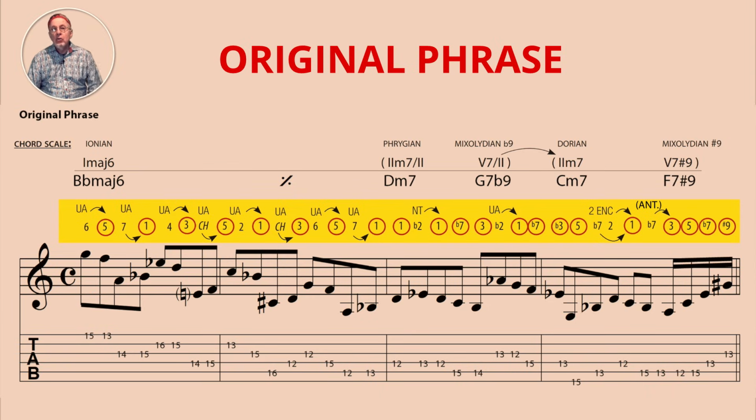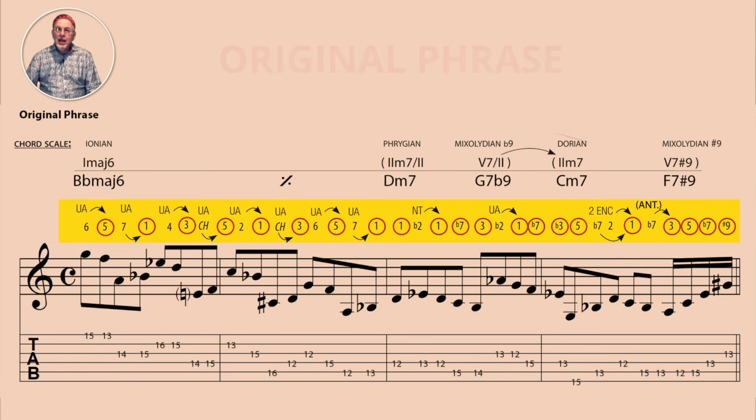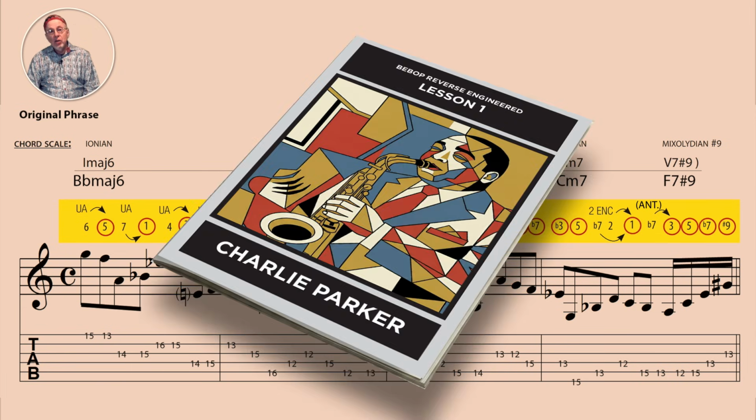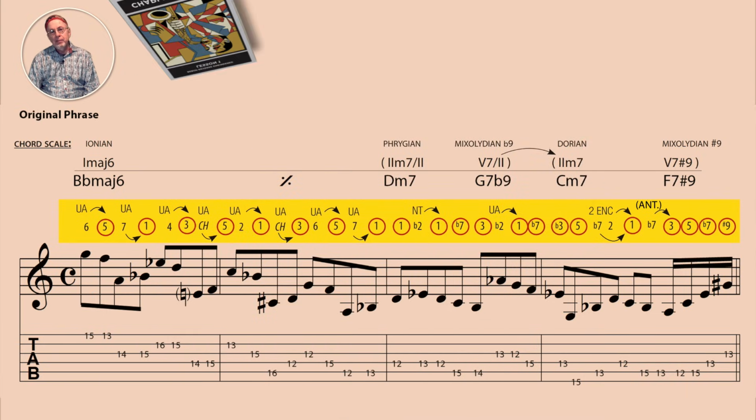You are probably already familiar with different approach note types, such as passing tones, neighboring tones, and enclosures. But in case you aren't, I will also include a more in-depth explanation of each approach type in the download for this lesson, which I will tell you about later. I will also describe their function briefly as we cover them.